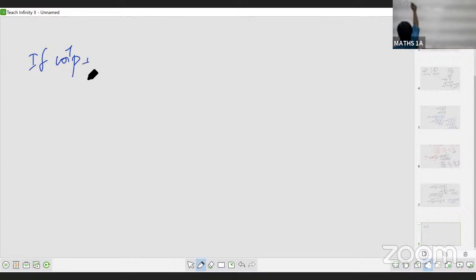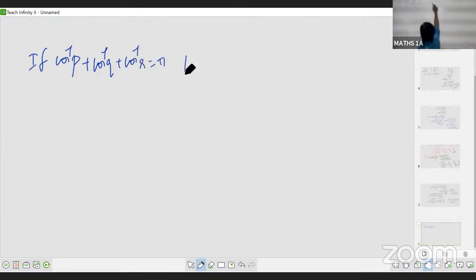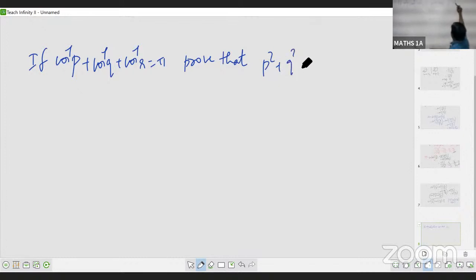If cos inverse p plus cos inverse q plus cos inverse r is equal to π, prove that p square plus q square plus r square plus 2pqr is equal to 1. Is it clear? Now what is given?